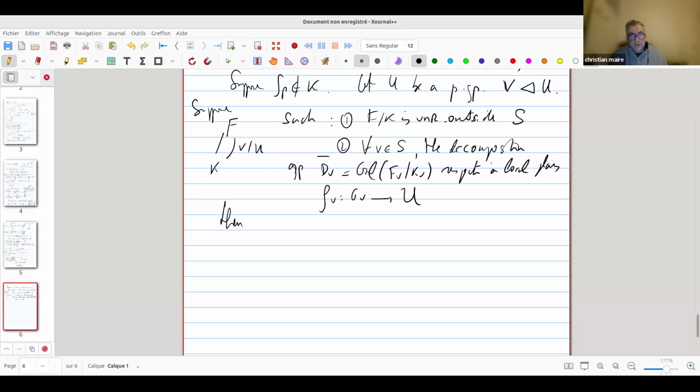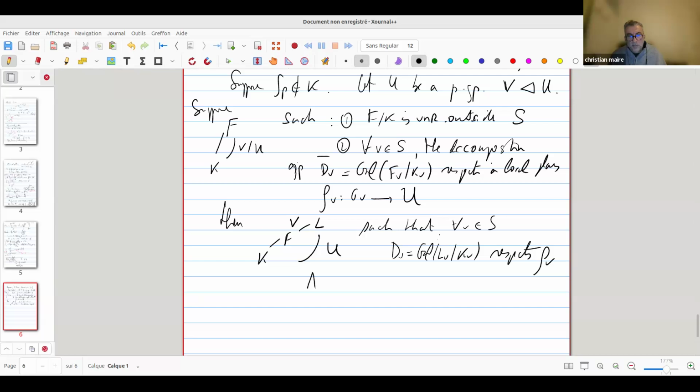So there exists an extension L over K, such that here we have U and here we have V, and such that locally, for all v in S, the decomposition group of my new extension L_v over K_v respects my local plan, so respects rho_v.